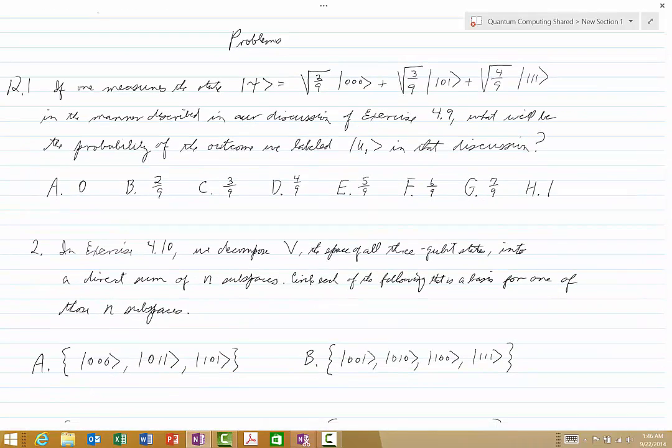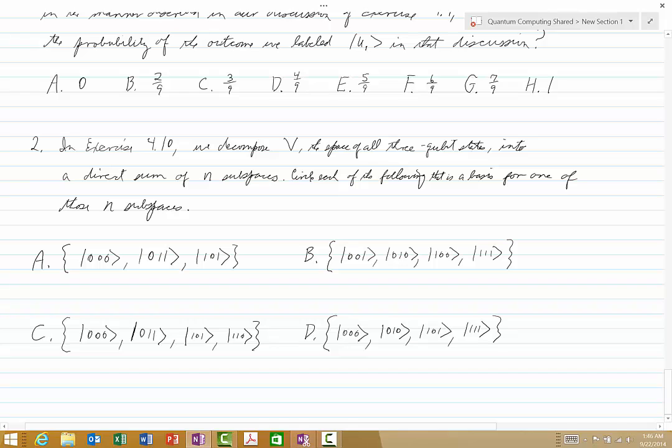And then the second problem states, in exercise 4.10, now we did not discuss that one in the lecture, but I'm hoping that you have the book by now and can read that exercise, and if not, I will read it. I won't write it down, but I will read it after the description of this problem.